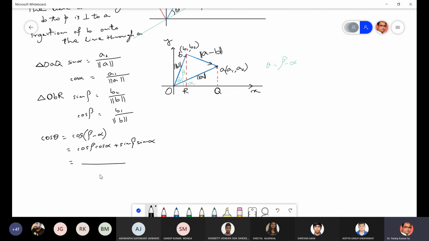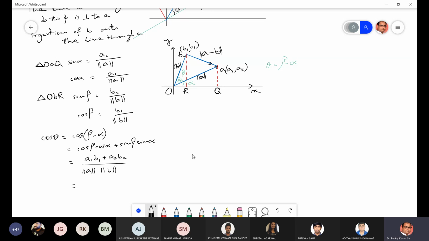So A norm B norm I can take common, and this becomes A1 B1 plus A2 B2. What is A1 B1 plus A2 B2?